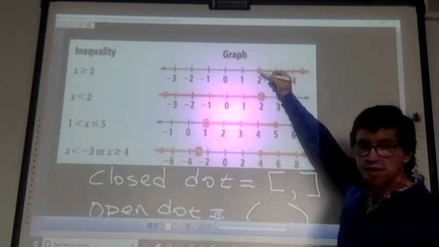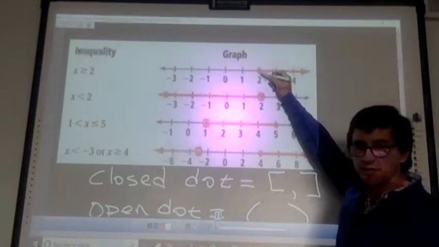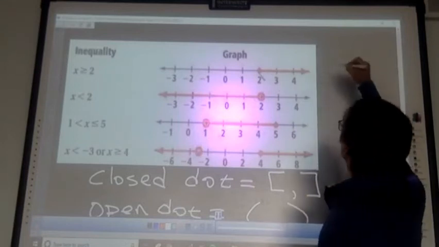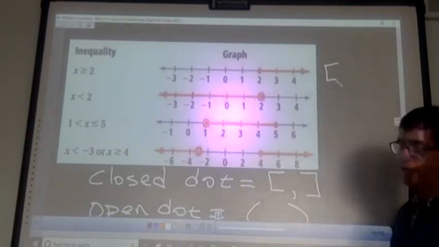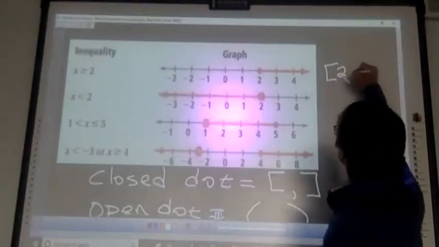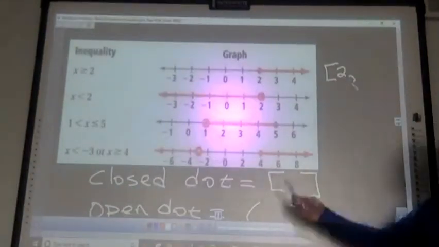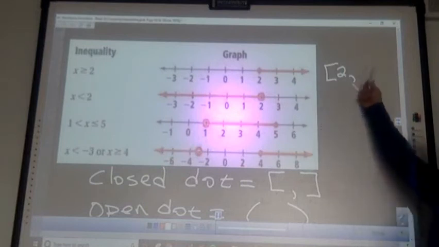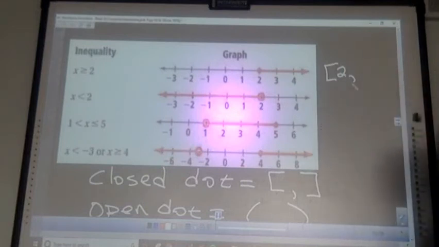So closed dot, do we have bracket or parenthesis? Bracket. So it starts with a bracket. And then you write the 2 because that's what the closed dot's over. And then we go comma. So this includes every single number all the way to positive infinity.